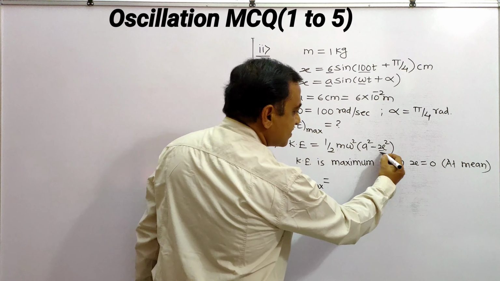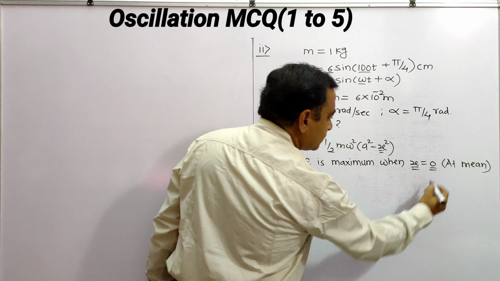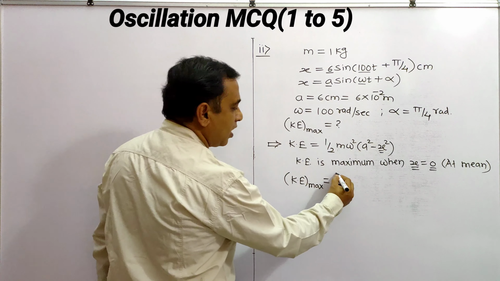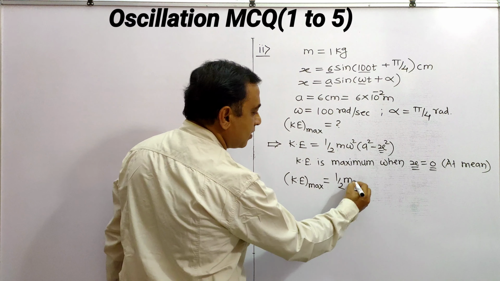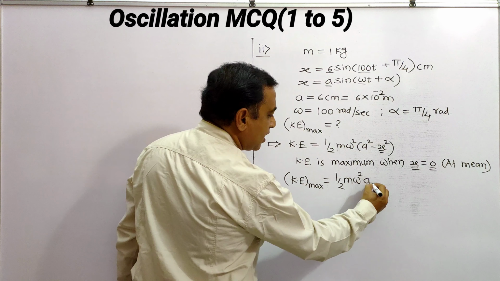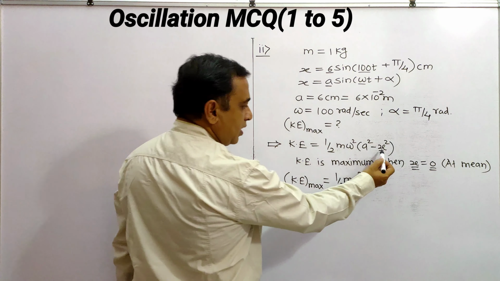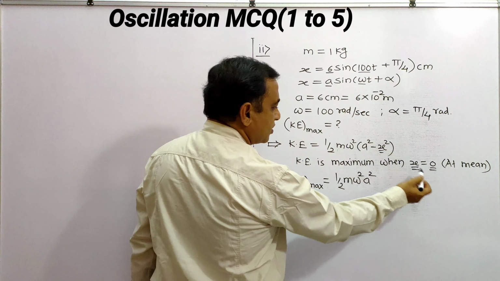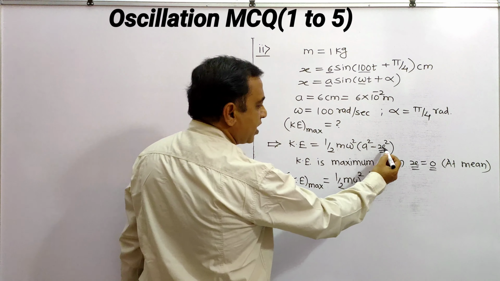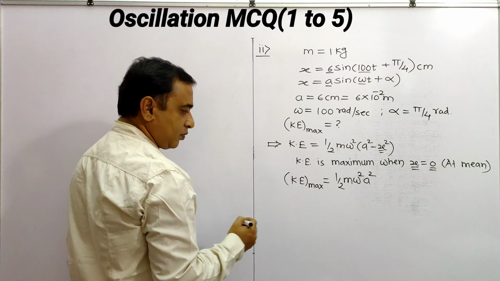Let us substitute x is equal to 0. If we substitute, we are going to get half of m omega square a square, because x is 0, so x square is also 0. So a square minus 0 is a square.